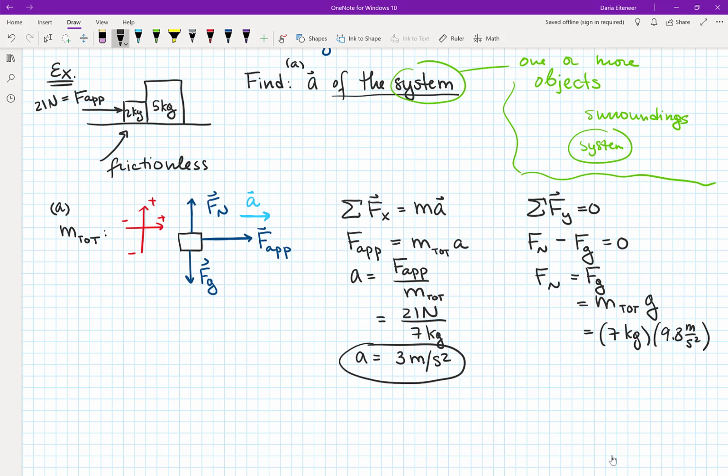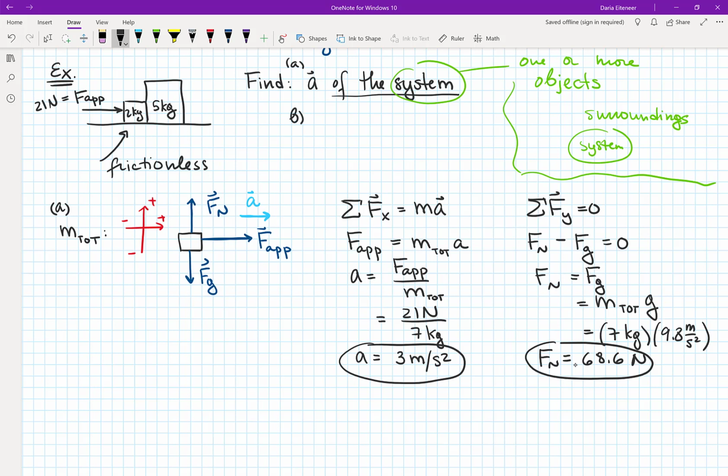So I can calculate this to be 68.6 newtons. Not that it's important in this problem, but why not? Okay, so that's it for part A.